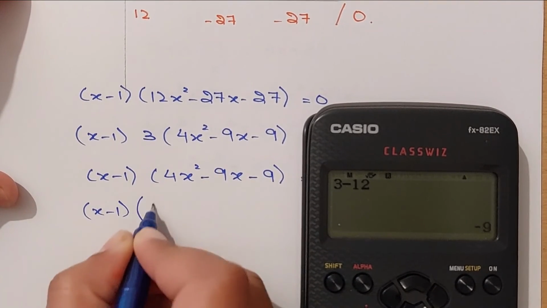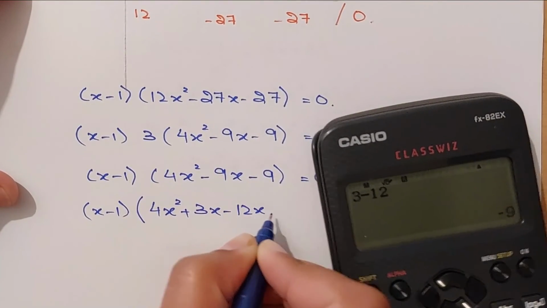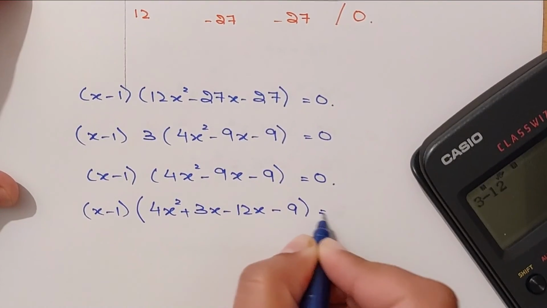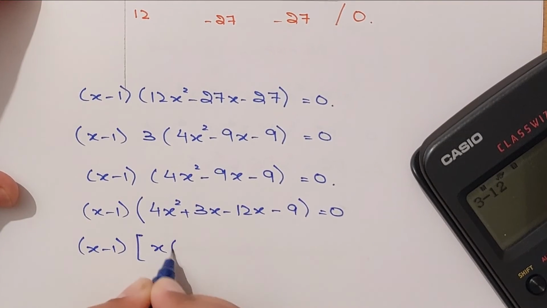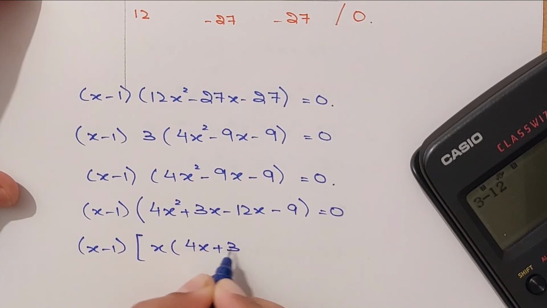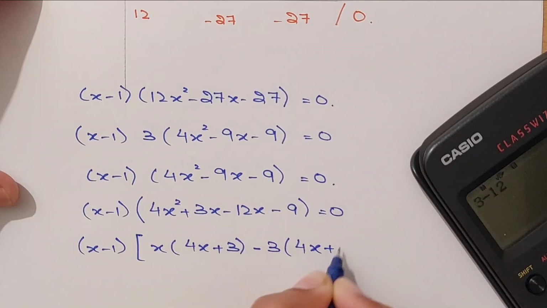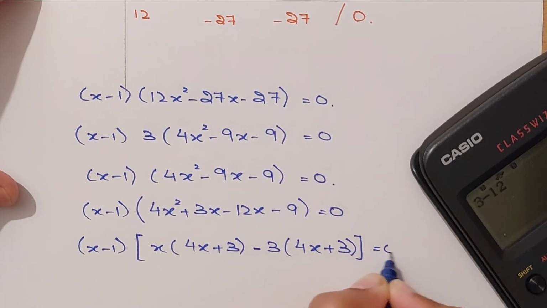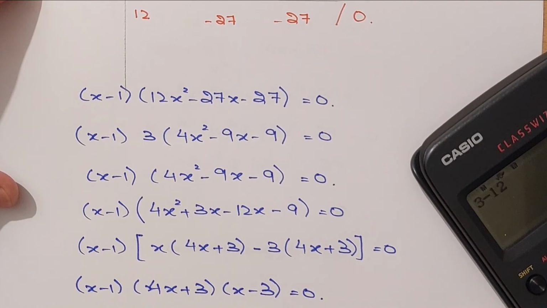So x minus 1, 4x square plus 3x minus 12x minus 9 equals 0. Taking x common and taking 3 common, we get x minus 1, 4x plus 3, and x minus 3 equals 0.